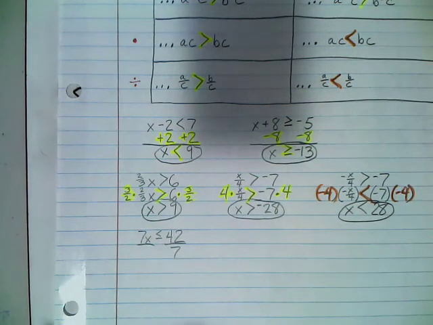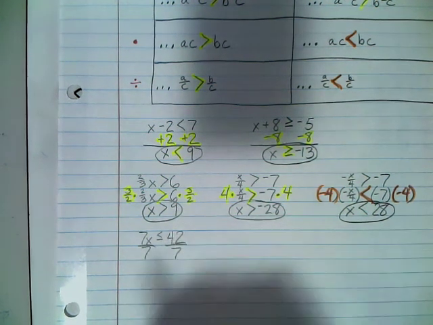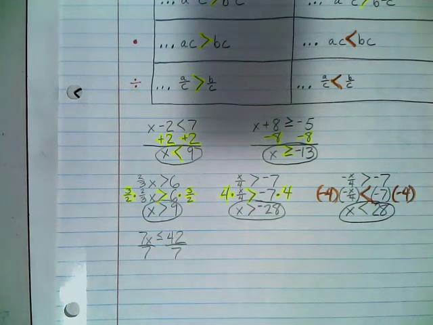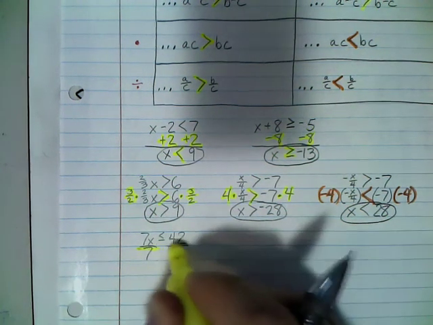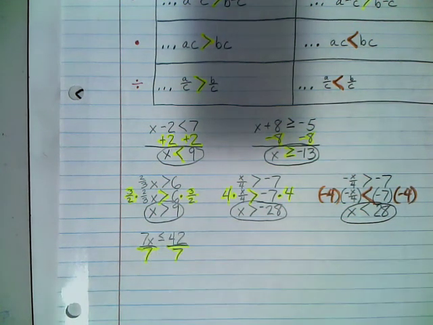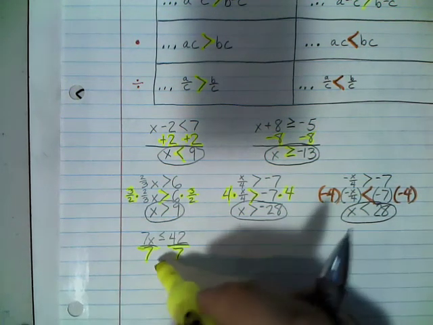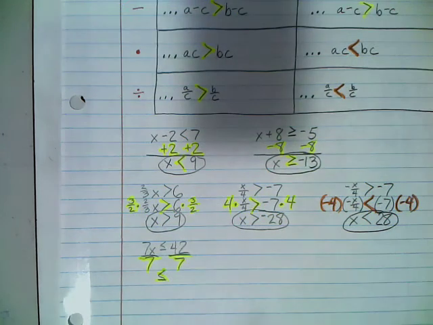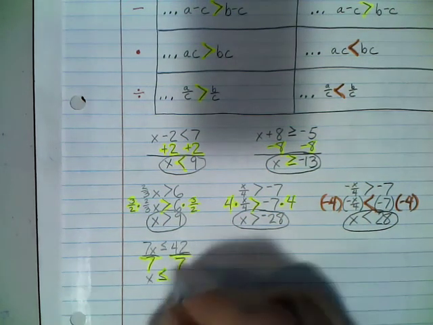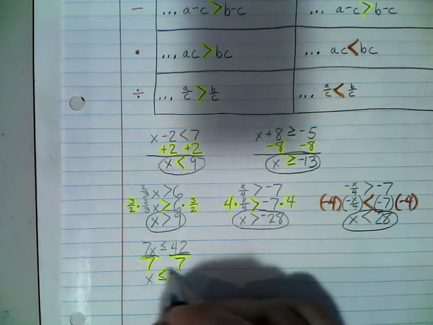So ask yourself, what have we done? We divided by a 7. What kind of 7? Well, since it's a positive, that means the sign will stay the same. So it will still be a less than or equal to. So over here we'll have x, and then 42 divided by 7 is 6.